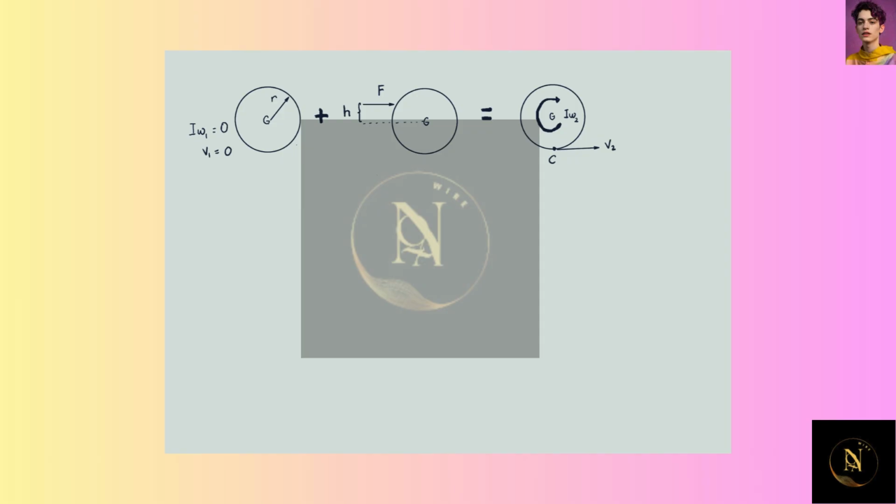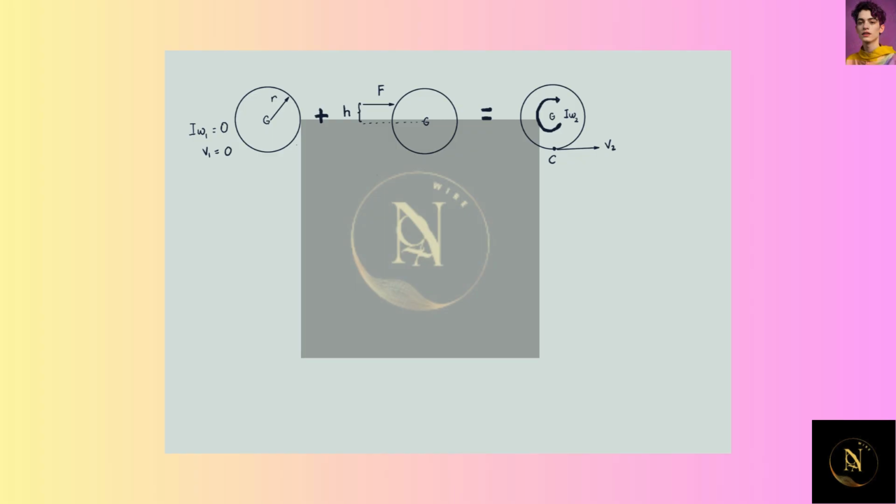The billiard ball with a center G and radius R is initially at rest. Therefore, its velocity is 0 and it has no angular momentum, so I omega 1 is 0. It will be struck horizontally by the cue stick with a force F at a distance h above the center.